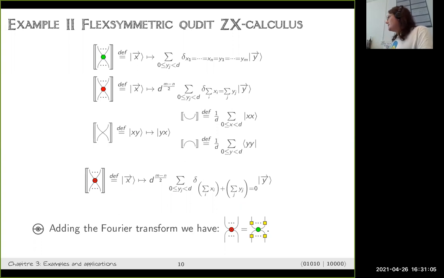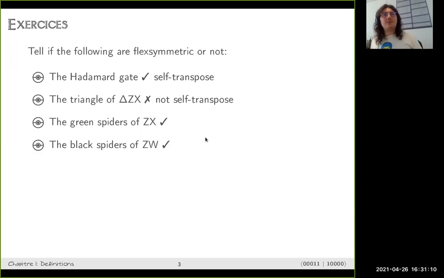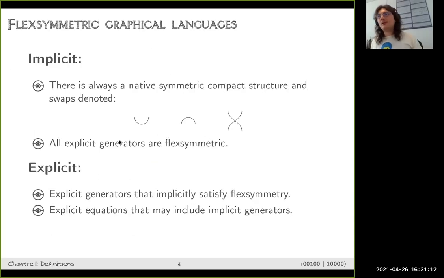My conjecture is that, okay, what is very nice with flexsymmetry is that it obeys this pattern of explicit and implicit. So this allows us to define what it means to be a free flexsymmetric language over generators. Because you have some generators, and then the free flexsymmetric language is you take the generators, you add the implicit generators, you add the implicit equations, and that's all, you're done.